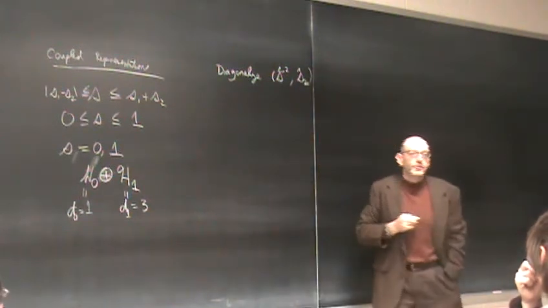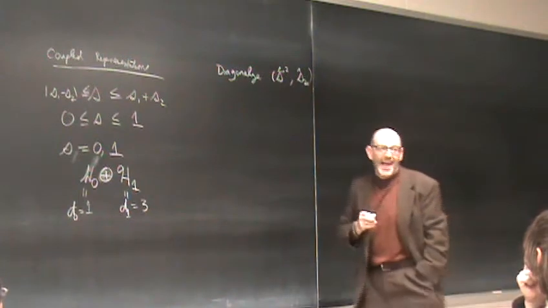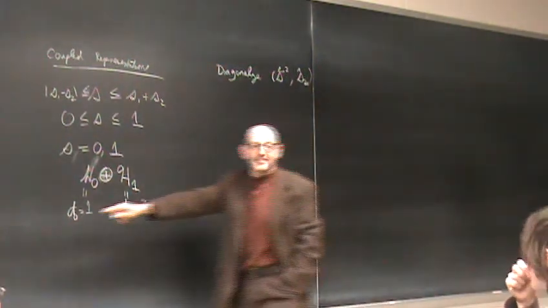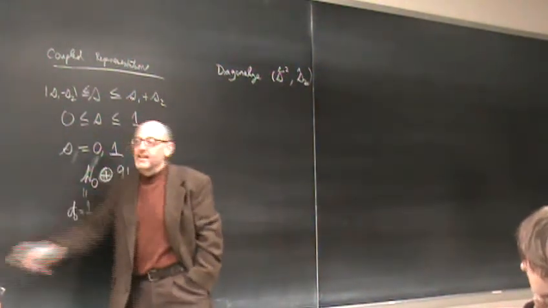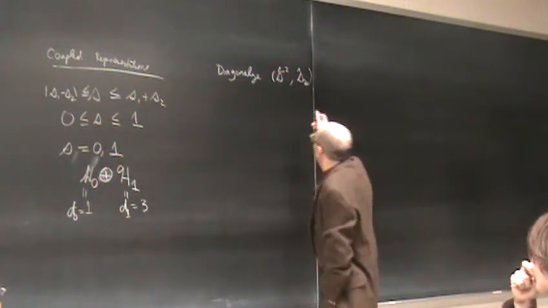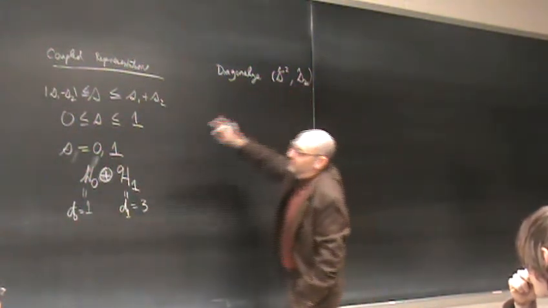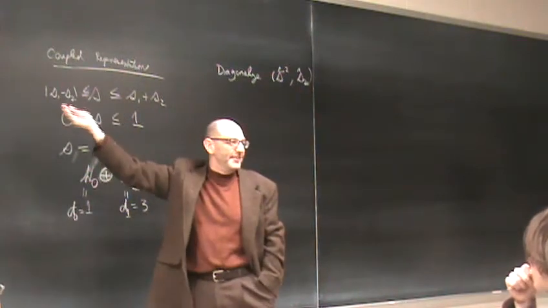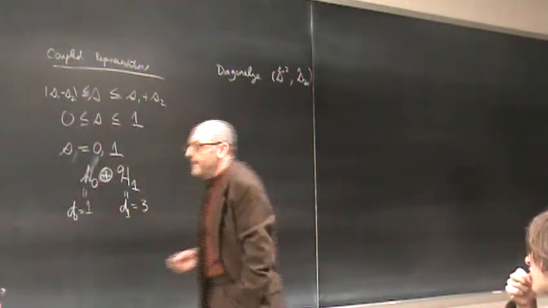Okay? Now the total Sz is already diagonal in this basis, right? Because this commutes with S1z and S2z, and these are eigenstates of that.